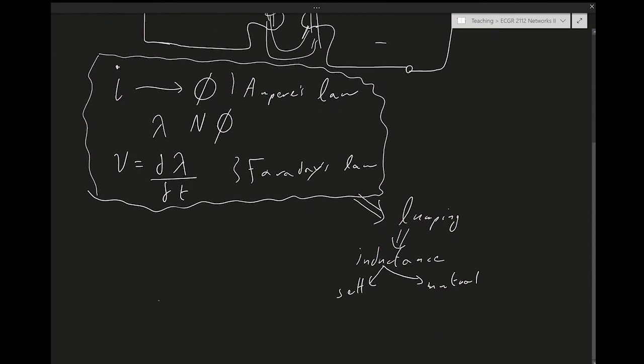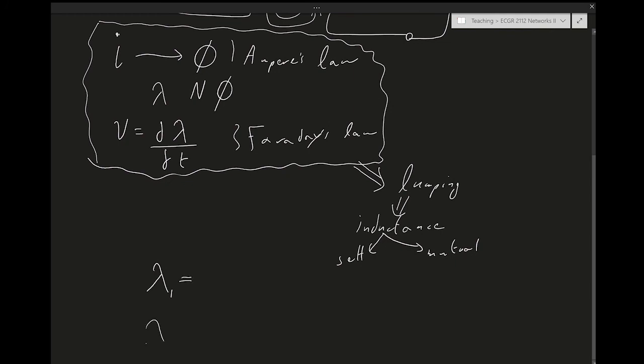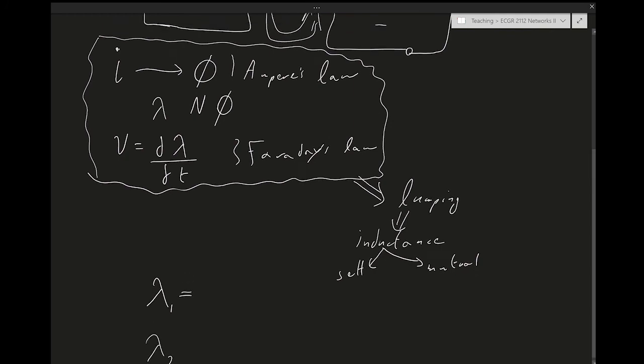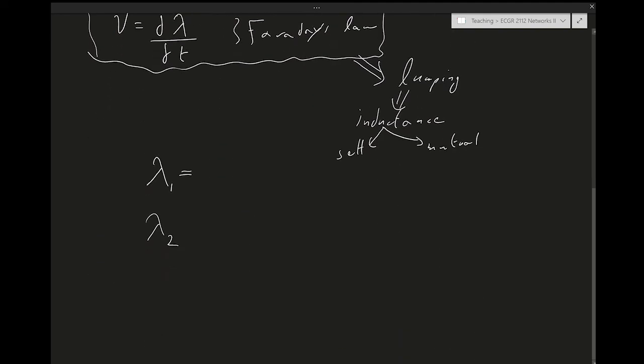We want to talk about the flux linkage, the thing that we can differentiate to get the voltage, for coil 1 and for coil 2.